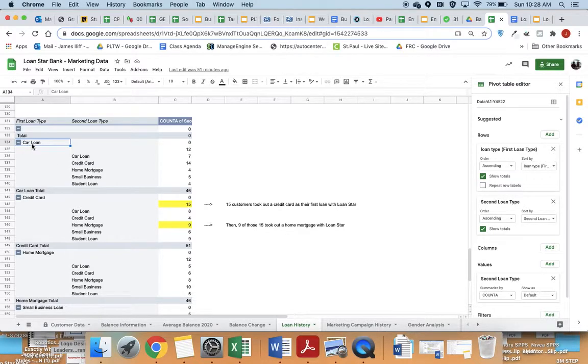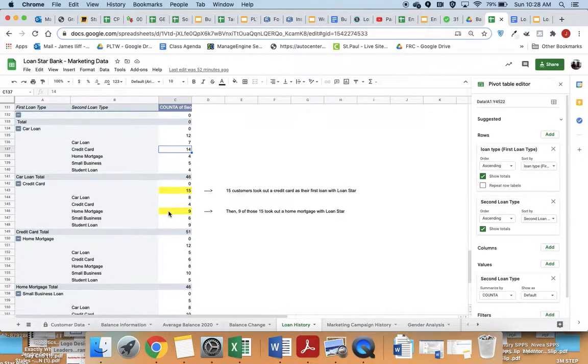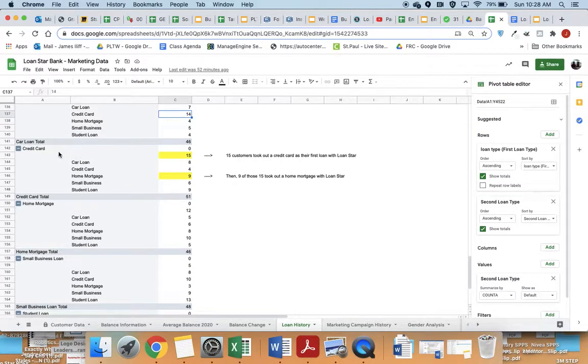They first took out a car loan. How many people then took out a credit card? 14. That's interesting. What about people who have taken out, so this one says 15 customers took out a credit card as their first loan. So here's that 15. Then 9 of those 15 took out a home mortgage.